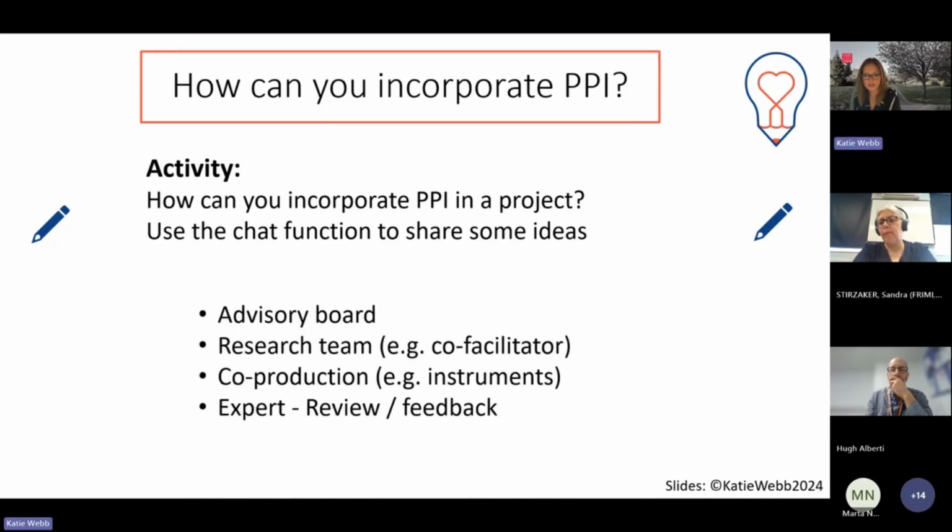So as you mentioned, you've got advisory board, thinking about research team, and so co-facilitator, co-production in terms of checking the instruments. And thinking back to that iceberg diagram, I think it's really useful to have that in your head all of the time when we think about efficiency. One of the greatest risks to any kind of research project is delay, and focus.